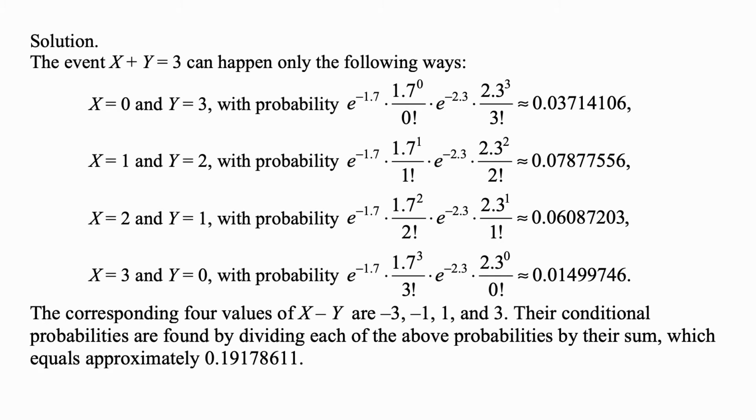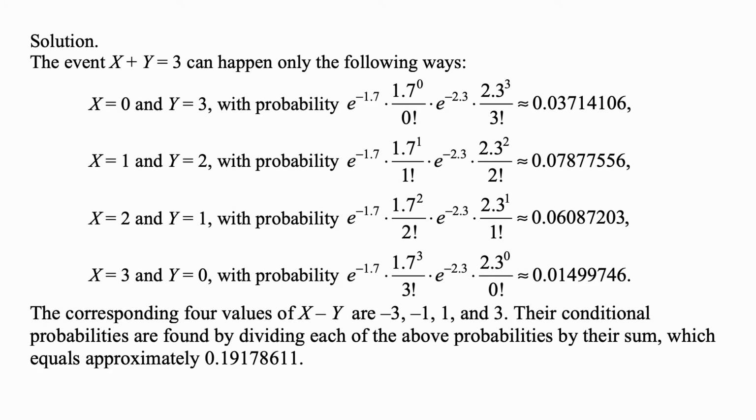Then we have X equals 1, Y equals 2, X equals 2, Y equals 1, and X equals 3 and Y equals 0. And these are the only ways you can have the sum of 3. And the probabilities are, as I said, for the first one 0.037141006, for the second one 0.078775556, for the third one 0.060872003, and for the fourth one 0.014499746.